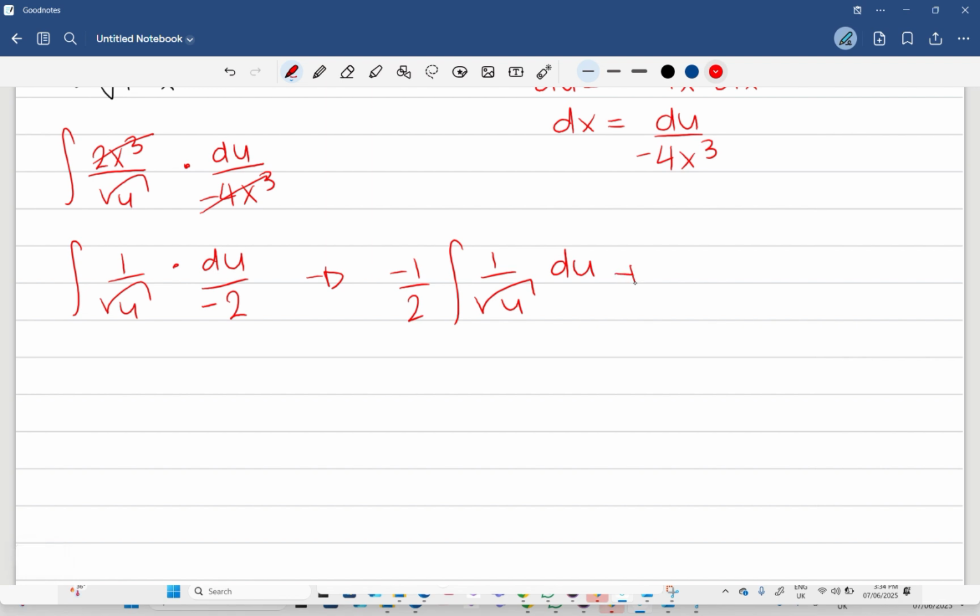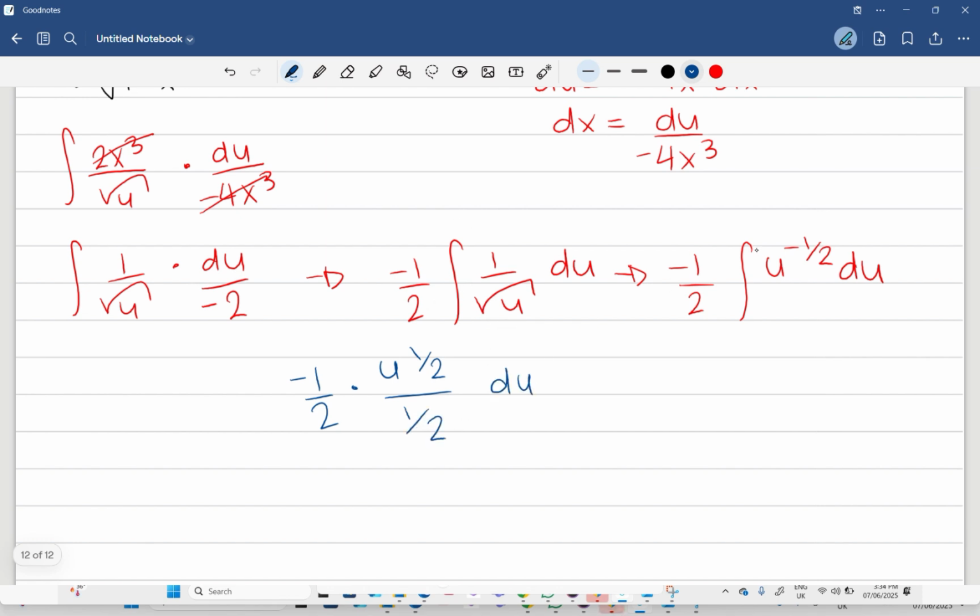This is the same thing as saying negative half integral u to the power of negative half du. Now let me solve my integration. It's going to give me u to the power of, obviously don't forget negative 1 over 2, into u to the power of half over half.